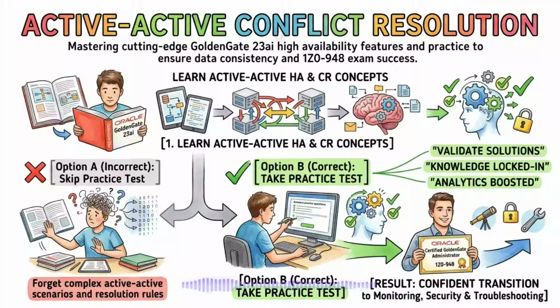Setting up Auto CDR in an Oracle Database 23i environment is remarkably simple because it is handled entirely by a built-in database package called dbms_GoldenGate_ADM. You do not have to write hundreds of lines of complex parameter code. You simply log into the database as an administrator and execute the add_auto_CDR procedure against your table.